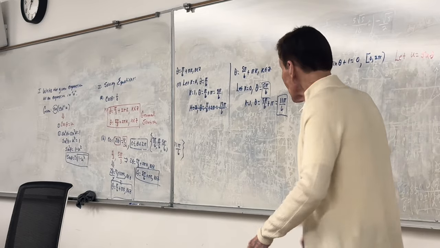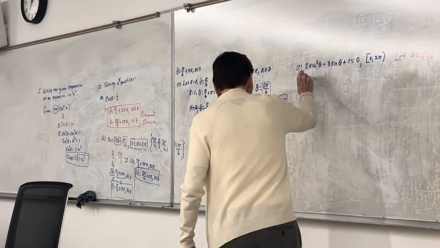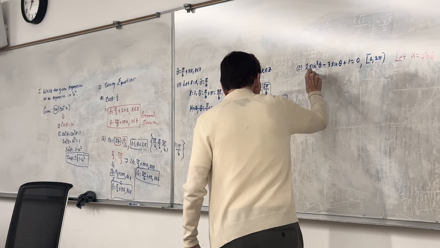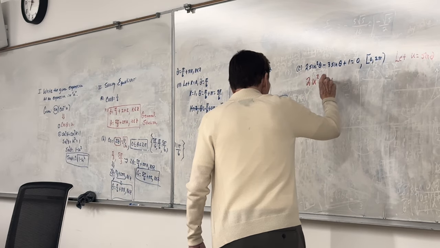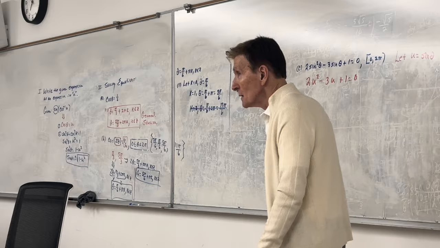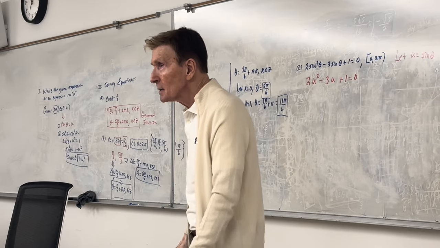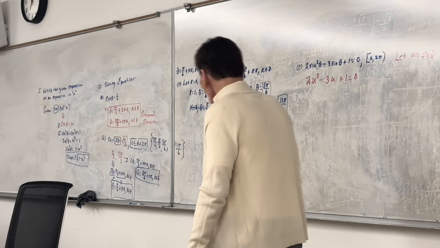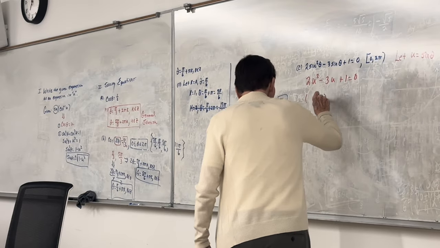Therefore, I can now rewrite this, which looks impossible, but now it looks like this: 2u squared minus 3u plus 1 is equal to 0. Now those kids across the street can do that. I think of factors, or you use the quadratic formula.